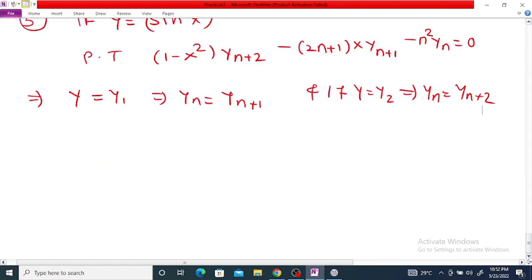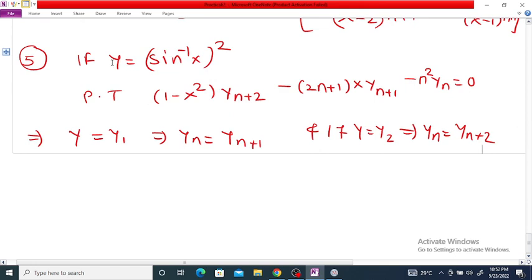So to get yn plus 2, we must differentiate y up to second derivative, that is, 2 times. So first we differentiate with respect to x one time.